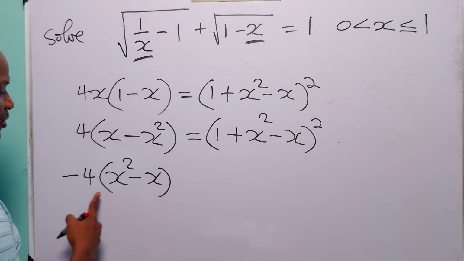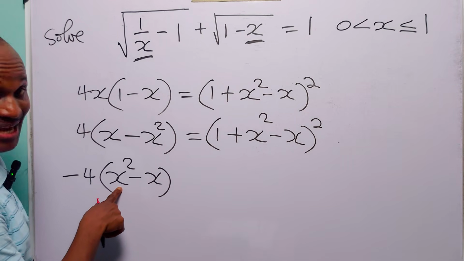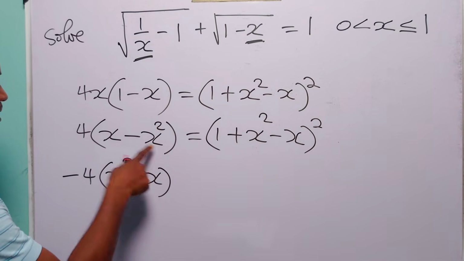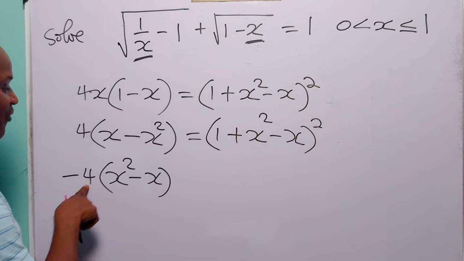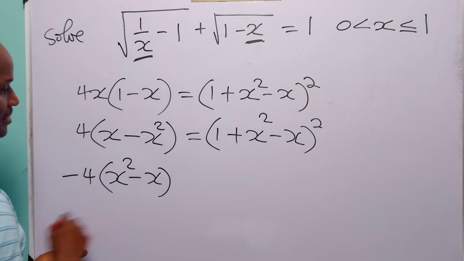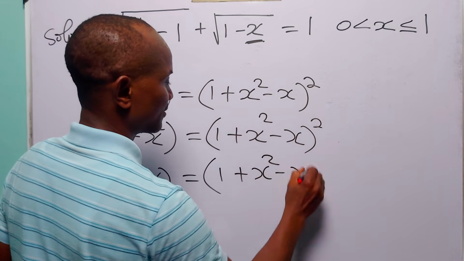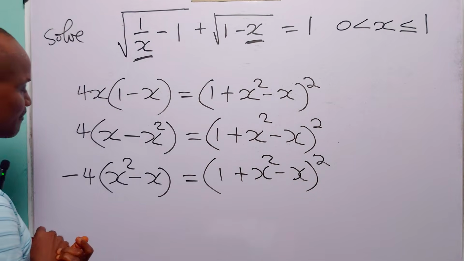Because of course, you know that when we open this bracket, we have minus 4 times x squared. That is then plus 4x, because minus minus is equal to plus. Now this is still equal to 1 plus x squared minus x squared.